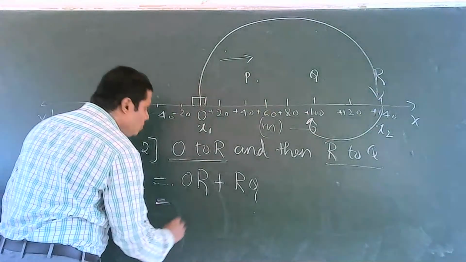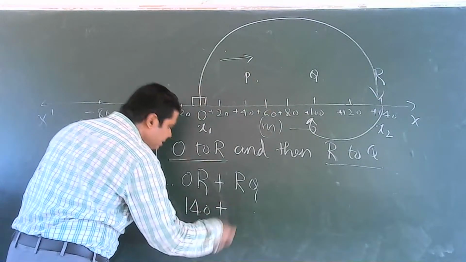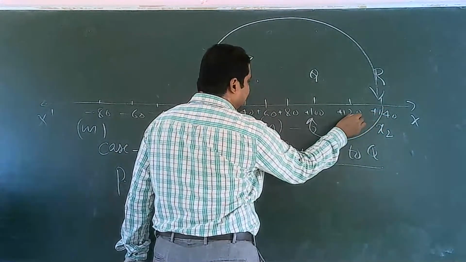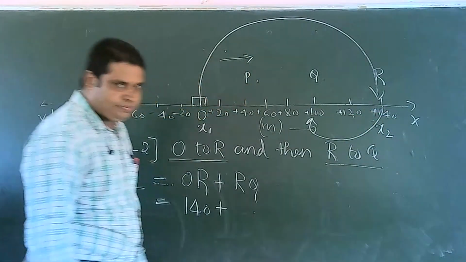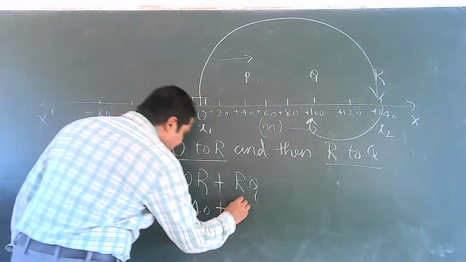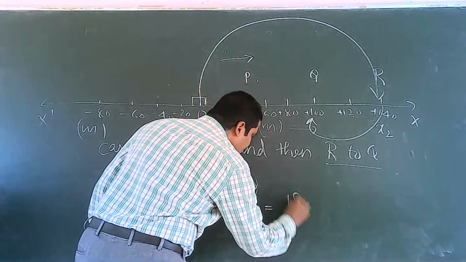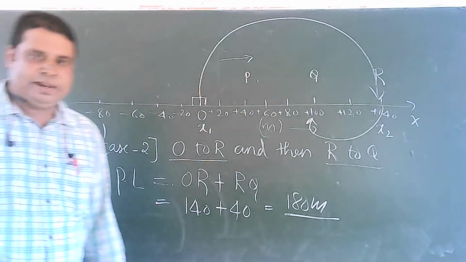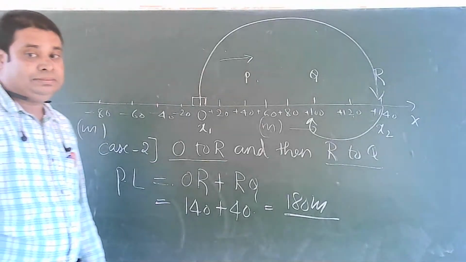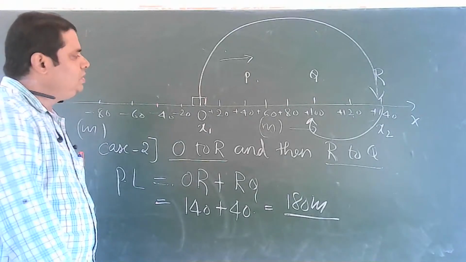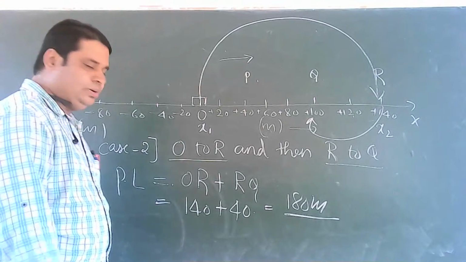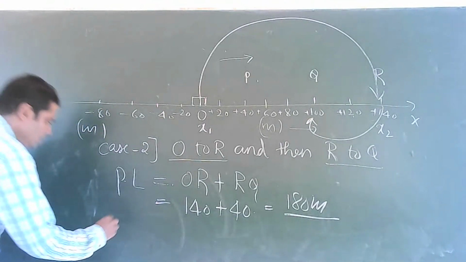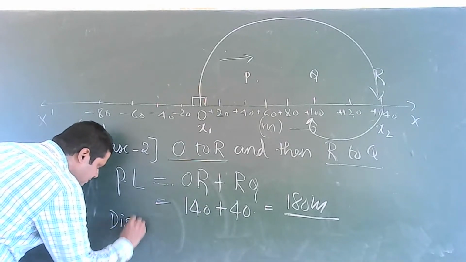OR is 140 plus 40, which is equal to 180 meter. Meter is the SI unit of your displacement as well as path length. Okay, no problem. What about displacement?